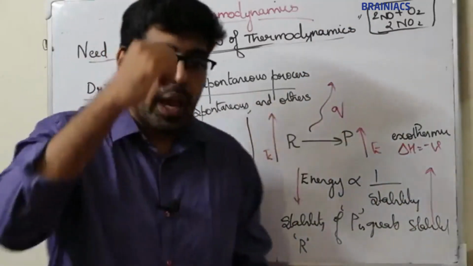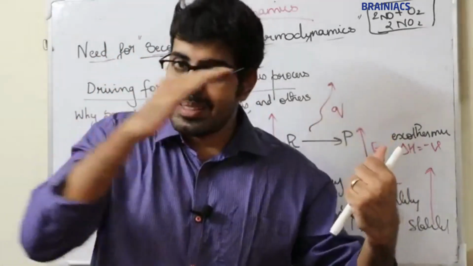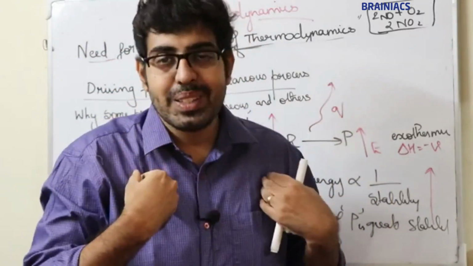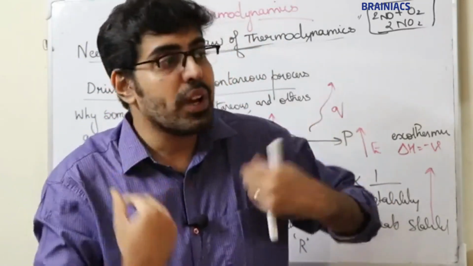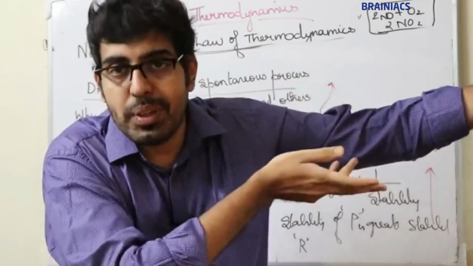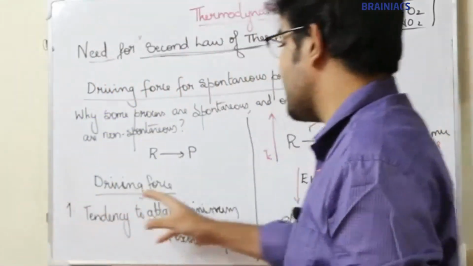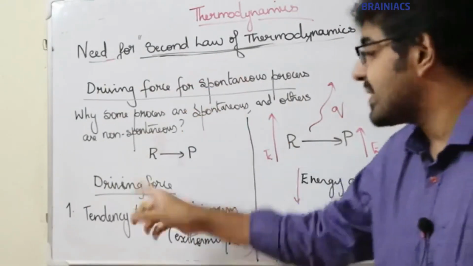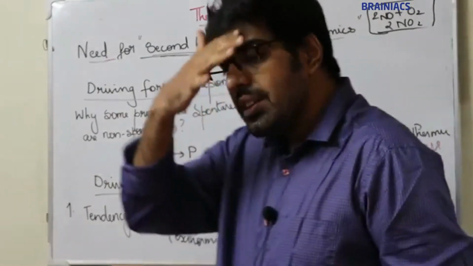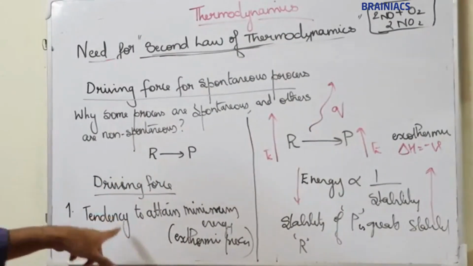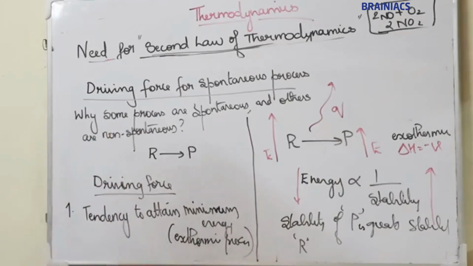So the reactant, which is less stable, will convert to product by itself, which has more stability. This is the first driving force, the tendency to attain minimum energy. But this is not the essential driving force.